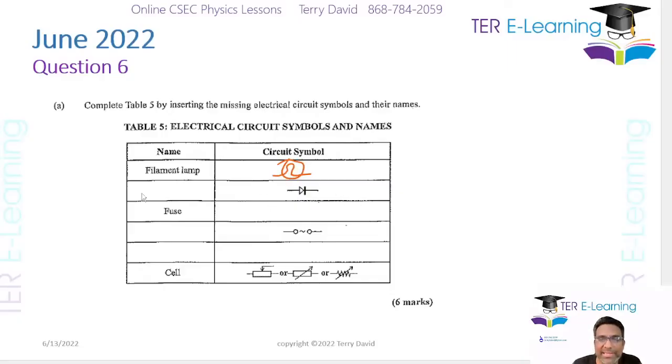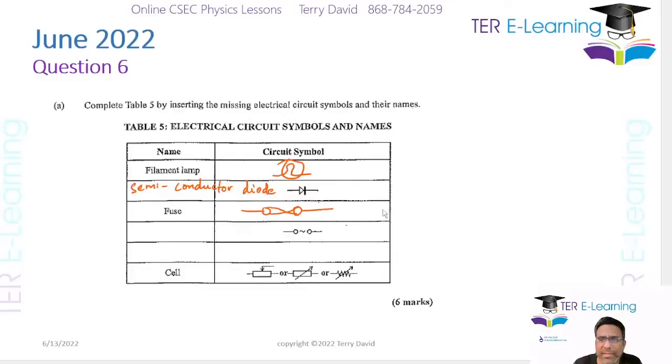They want to know the name of the second thing here. That's a semiconductor diode. A fuse, right? Basically we can use a fuse like this.